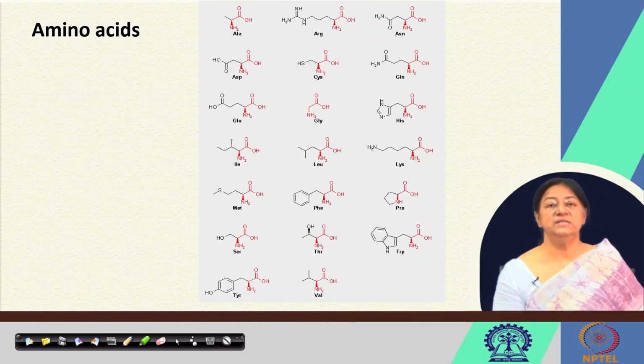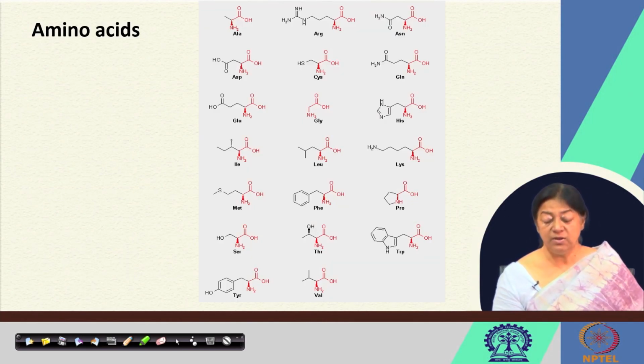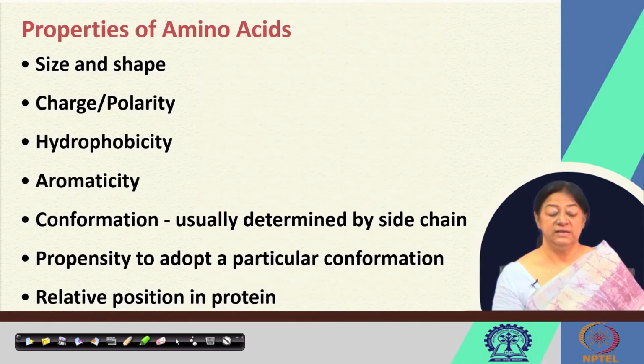So the amino acids, if we group them together, we will see all the different types that we just saw, all the different properties that we are going to look at. What are these properties? We saw differences in size and shape, differences in charge, polarity, hydrophobicity, aromaticity, and the conformation that is determined by the side chain.